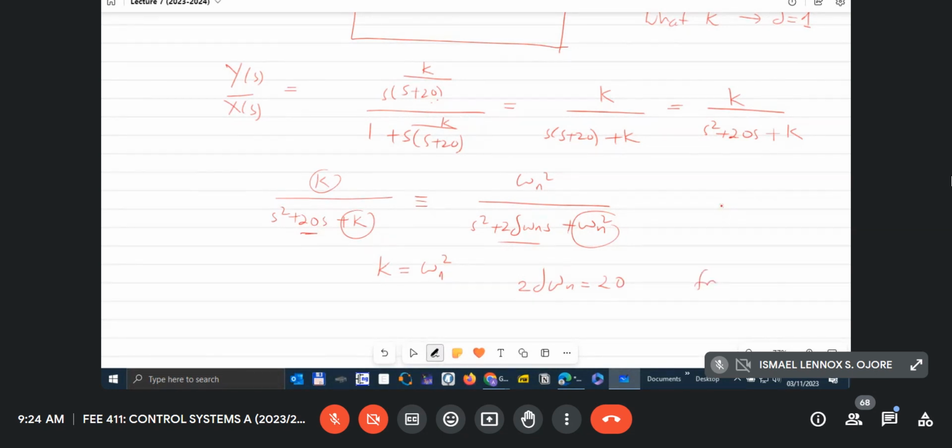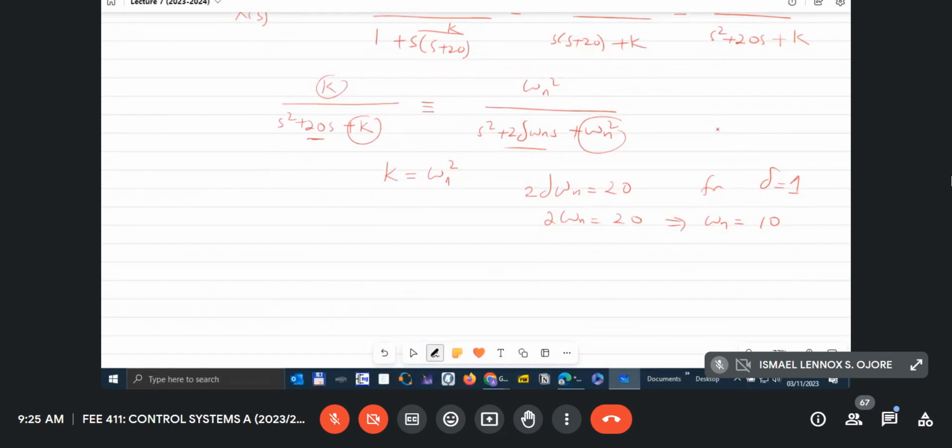For the critically damped case, delta equals 1, so 2 delta omega n is equal to 20, and from there omega n is equal to 10. So our K is 10 squared, which is 100.